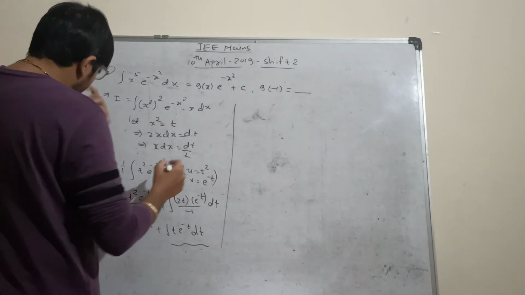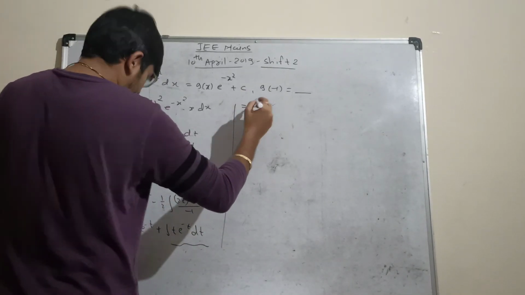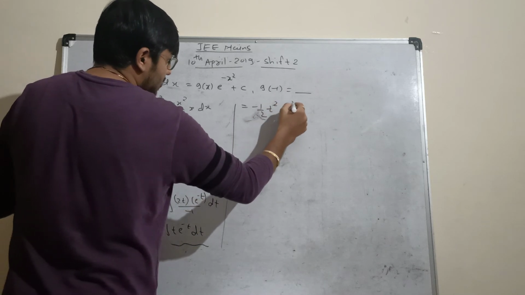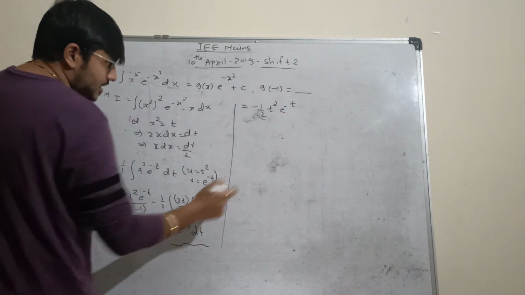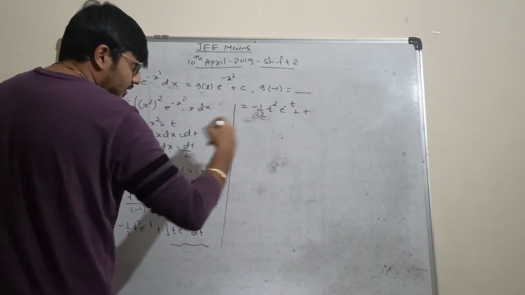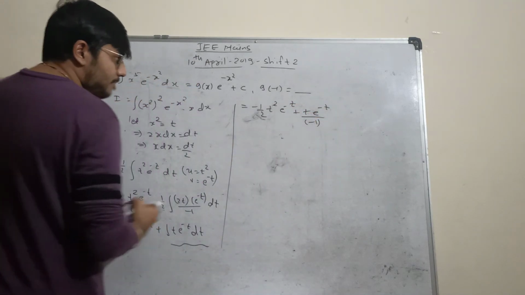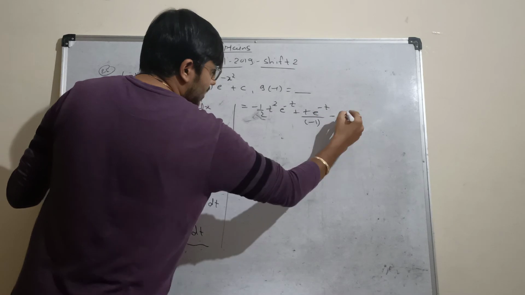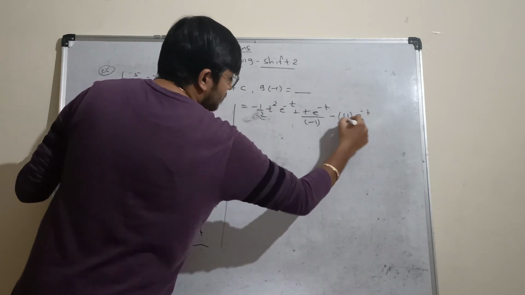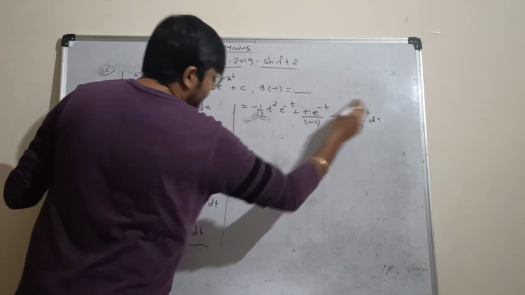So the first term, minus half t square e raised to minus t as it is, and this again t as it is, e raised to minus t as integration e raised to minus t upon minus 1, minus integration t has derivative 1, e raised to minus t upon minus 1 dt.